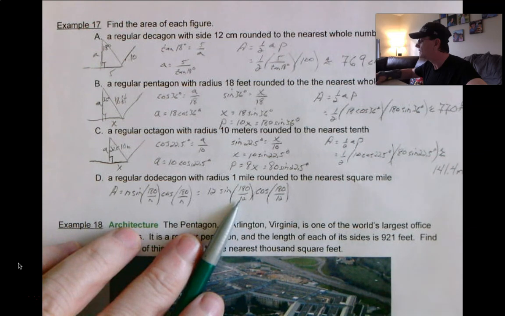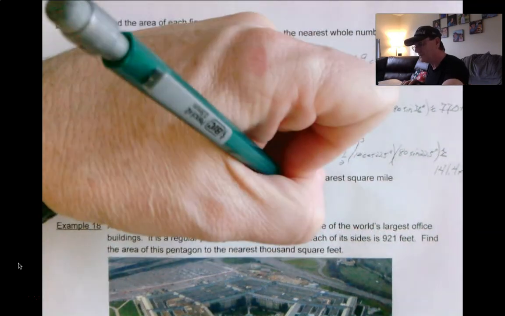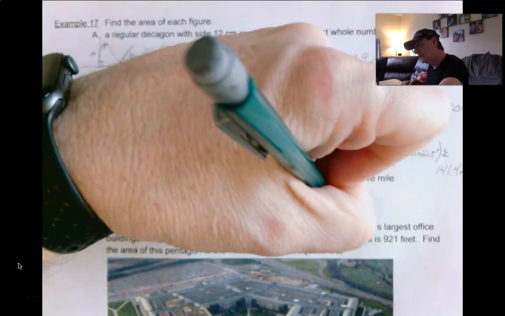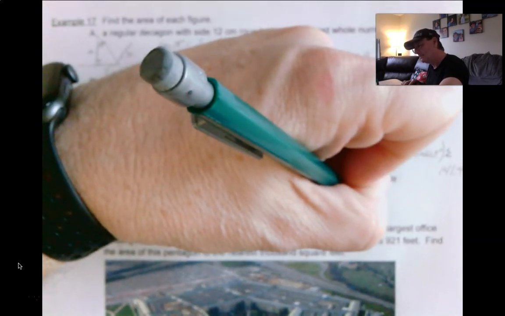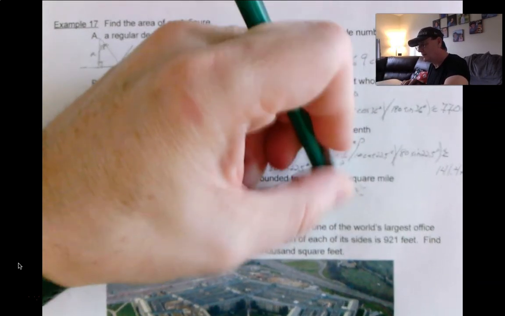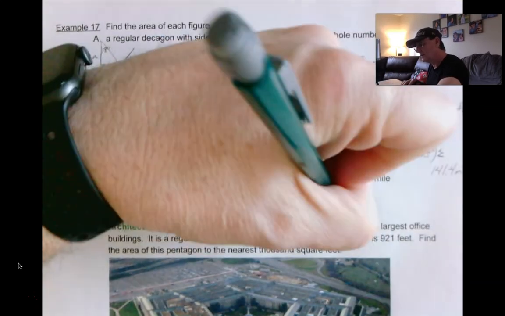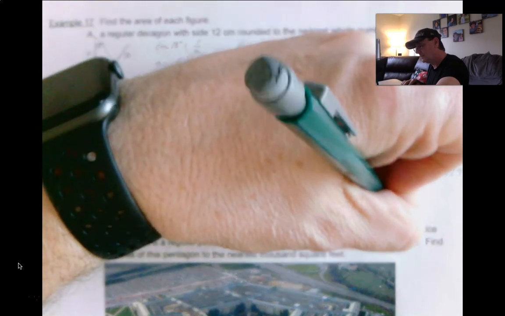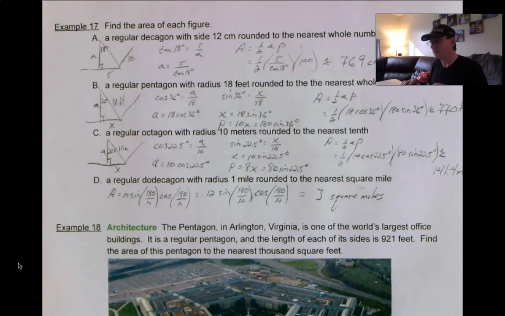So 12 times sine of 15 times cosine of 15 is equal to, we don't have to round, 3 miles squared, or 3 square miles. It works out to be a nice number.